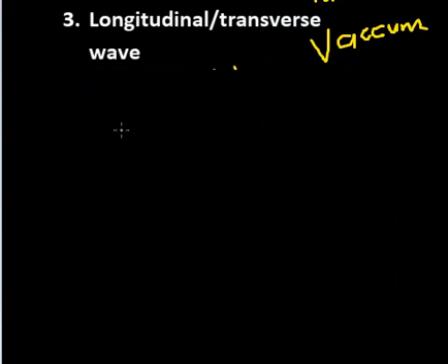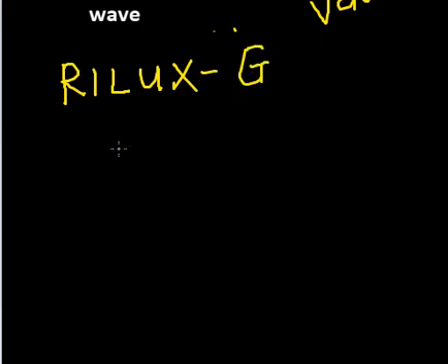So we are going to look at the different electromagnetic waves. An example of electromagnetic waves we are going to illustrate using an acronym, which is RILUXG. The acronym that we use to illustrate electromagnetic waves is RILUXG.